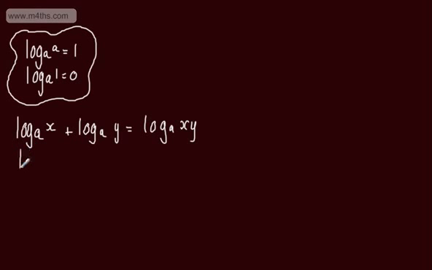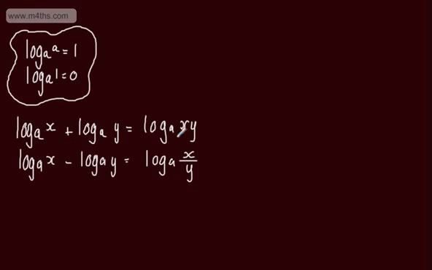The next one, log to the base a of x minus log to the base a of y will be equal to log to the base a of x divided by y. So if we have a difference, this becomes a quotient. So if we're subtracting, we end up dividing.